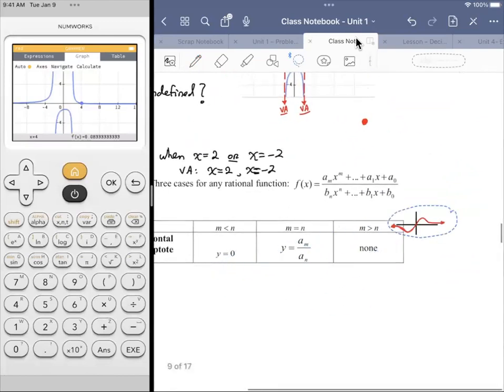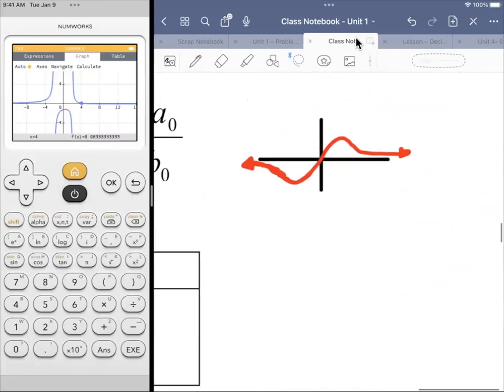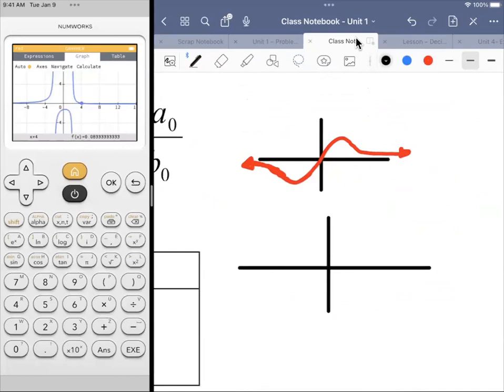Here's an example. You could also have what we did above, or even a simpler one where maybe there's only one vertical asymptote. Maybe it looks something like this. All right, so this would be my horizontal asymptote.